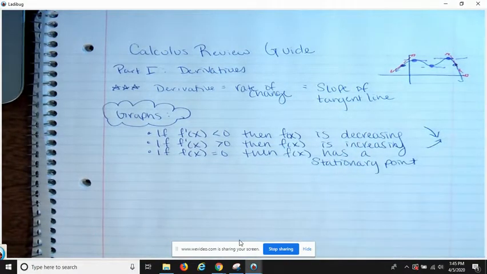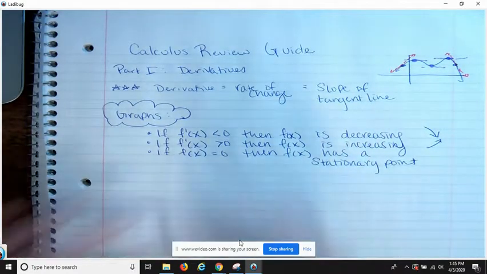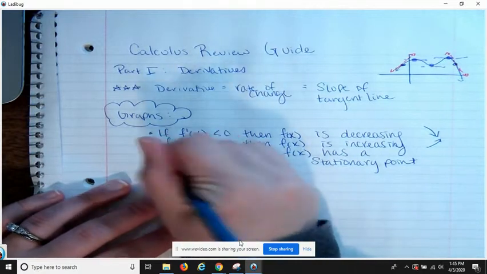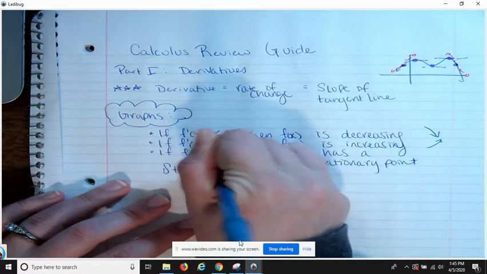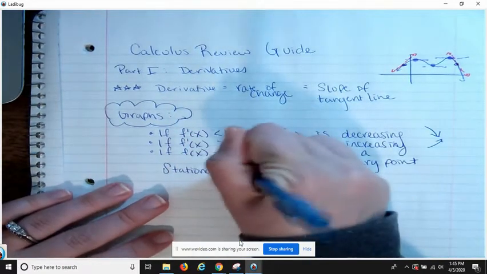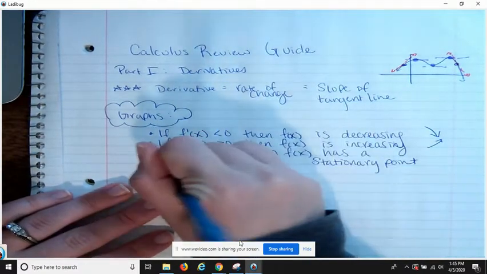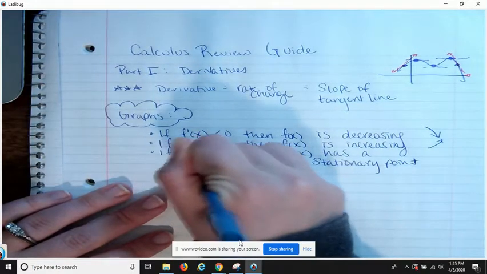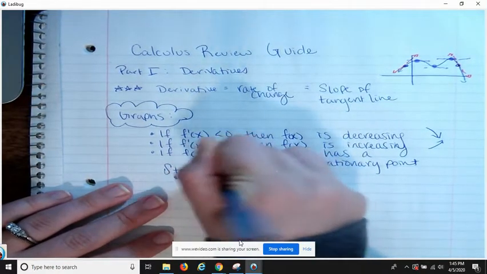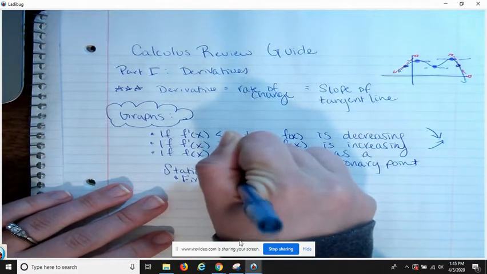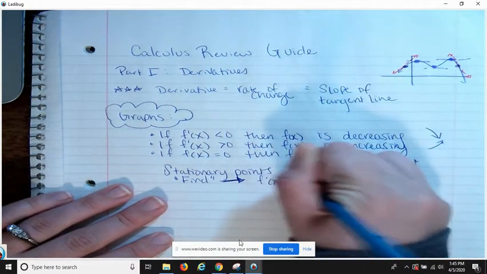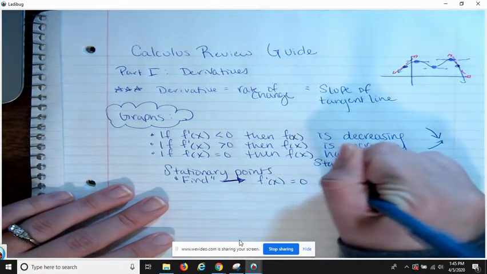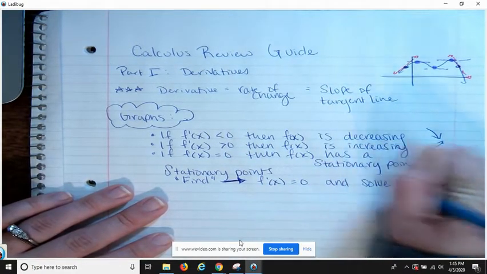All right, so stationary points. Okay, so stationary points we find by taking f prime of x, setting it equal to 0, and solving for x.